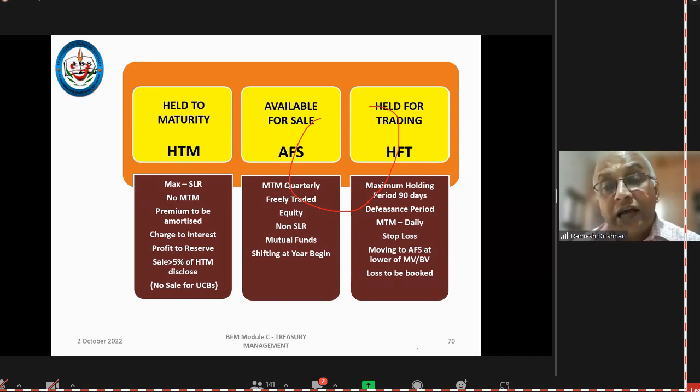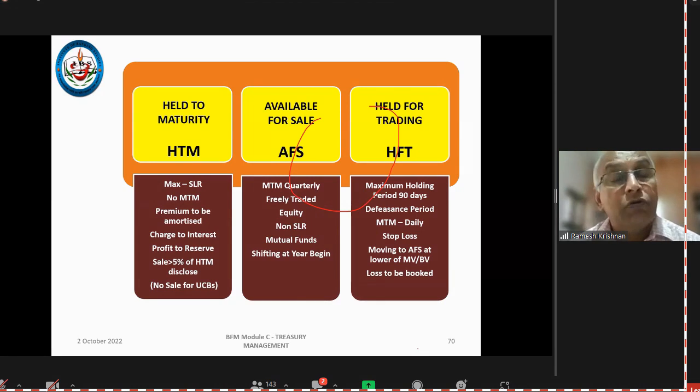These three categories are sacrosanct at the time of acquiring, not at the time of selling, or whenever you wish. At the time of acquiring, it must be recorded and accounted in the books of the bank on the same day the deal is done. For settlement, T+1 normally, so next day it should be accounted in the same category in which you recorded it at the time of purchase.